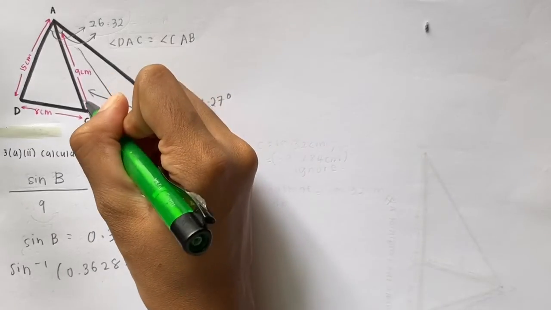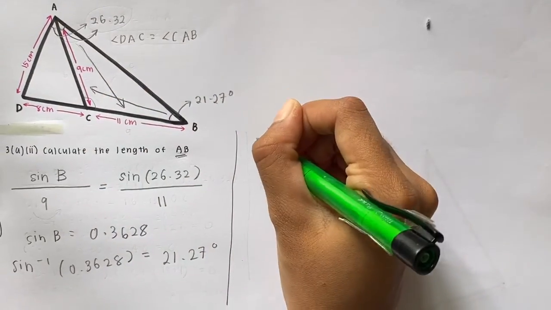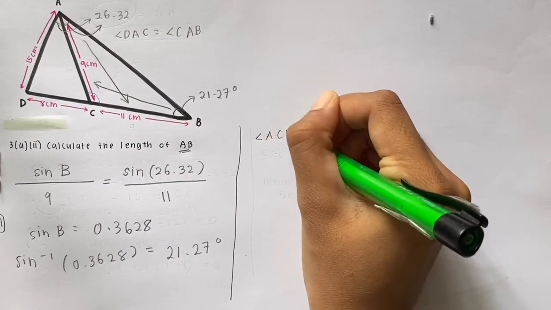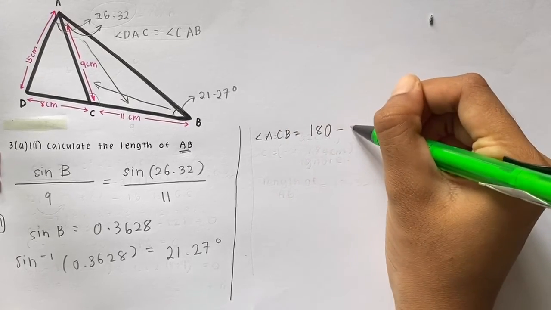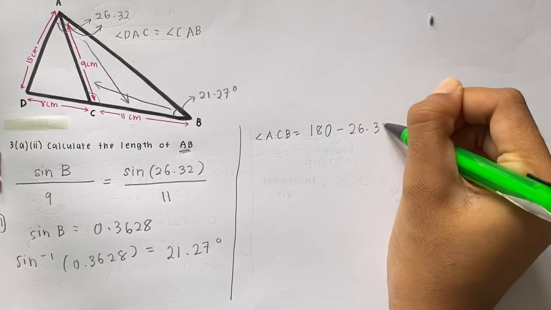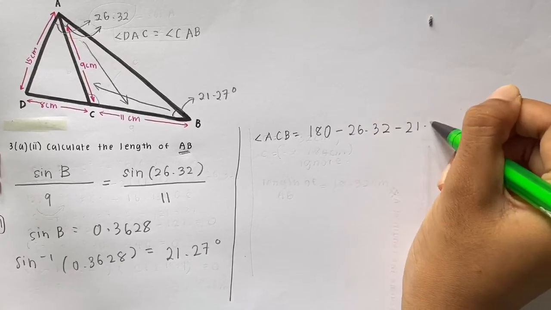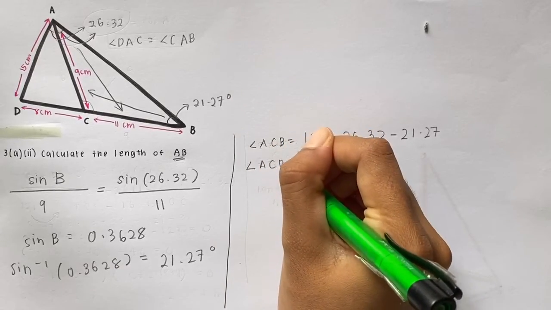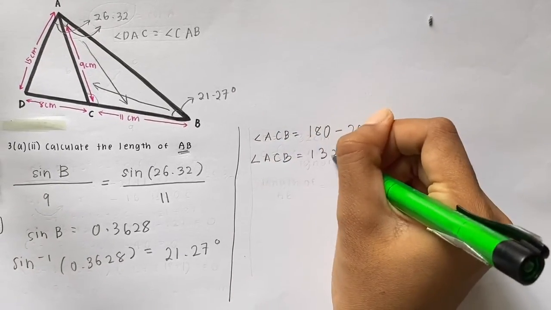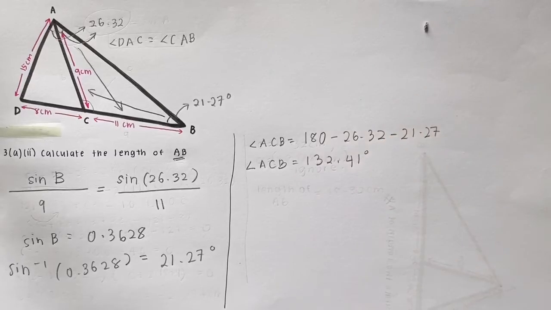Next, find the angle of ACB. 180 minus 26.32 minus 21.27. So the angle of ACB is equal to 132.41.